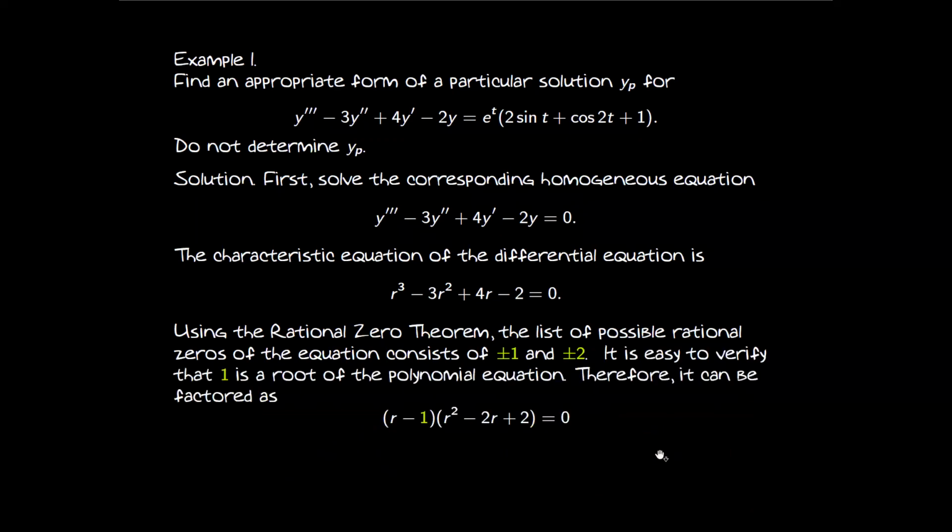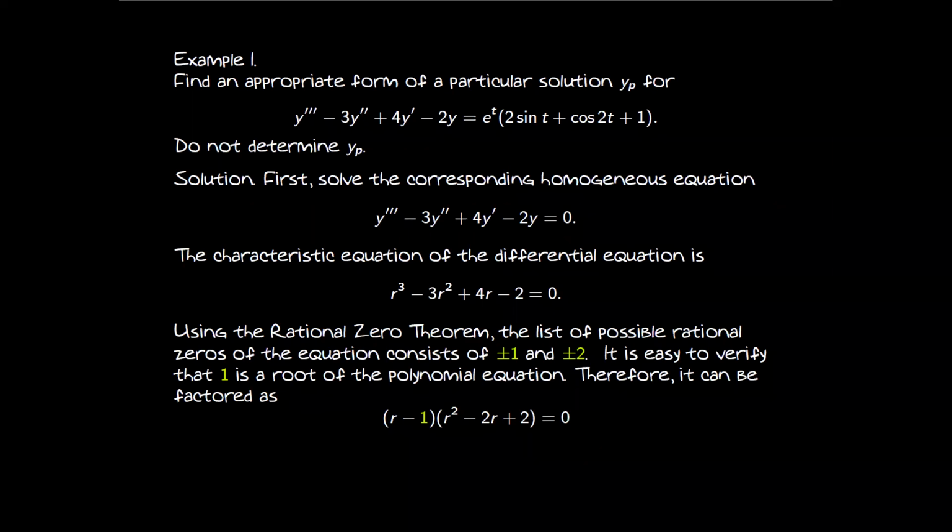That means we get r minus 1 as a factor of this polynomial. And the other factor can be obtained from, for example, polynomial division. So you can just divide this by r minus 1, and pretty easily you get the other factor, r squared minus 2r plus 2.